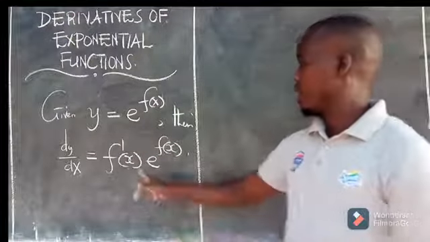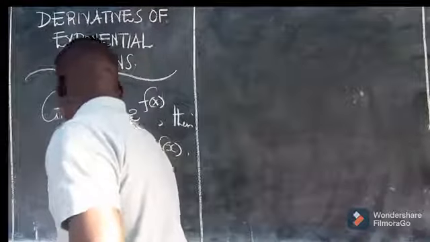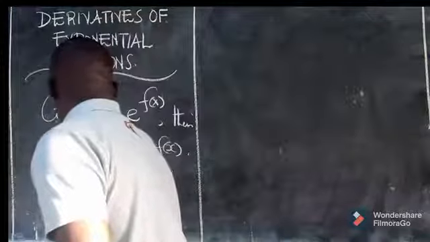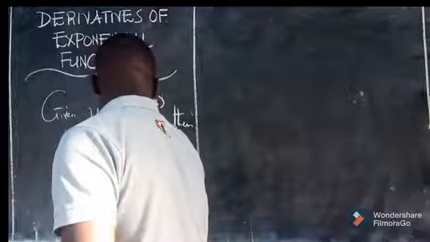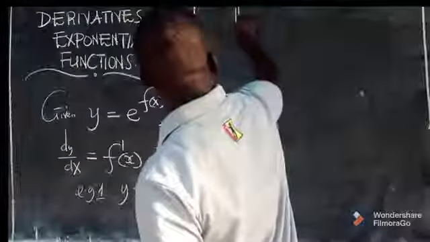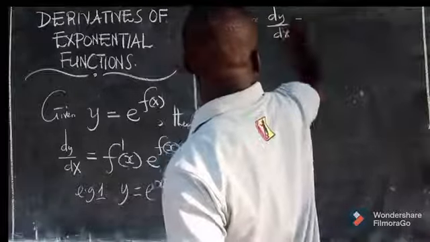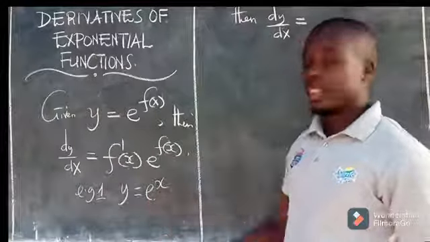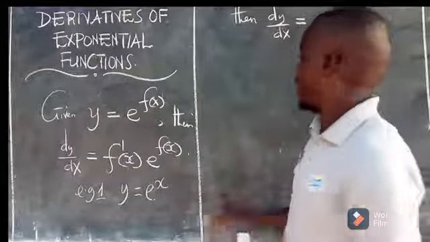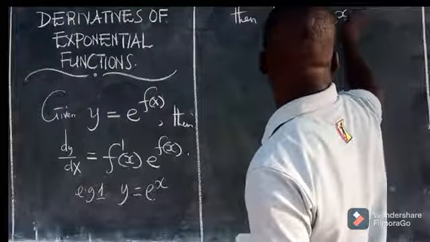Now, this can easily tell us that if we have a simple example 1, where y is equal to e power x, then we can conclude that dy dx is equal to, you first differentiate the x, that would give you 1, and so it will be 1 multiplied by the same function.